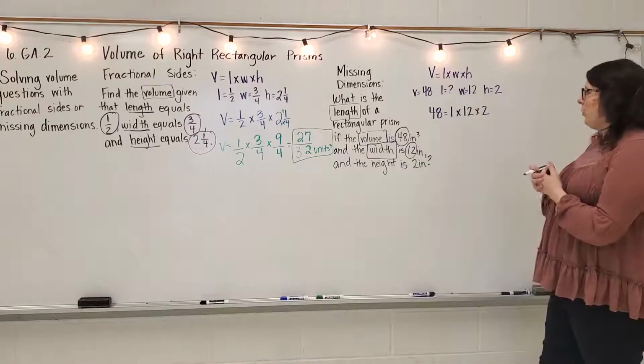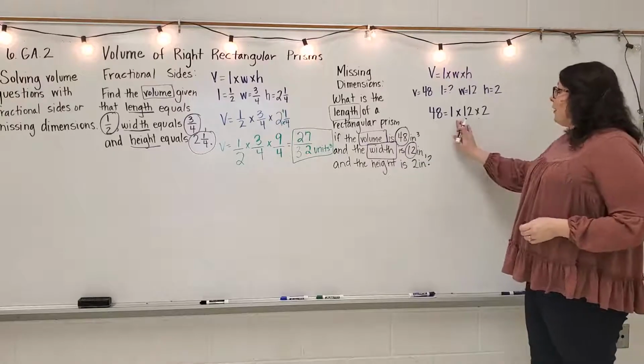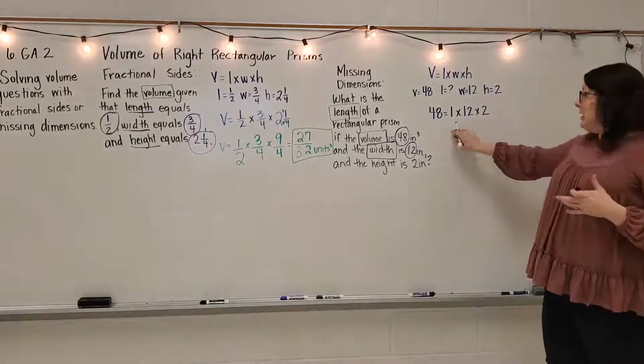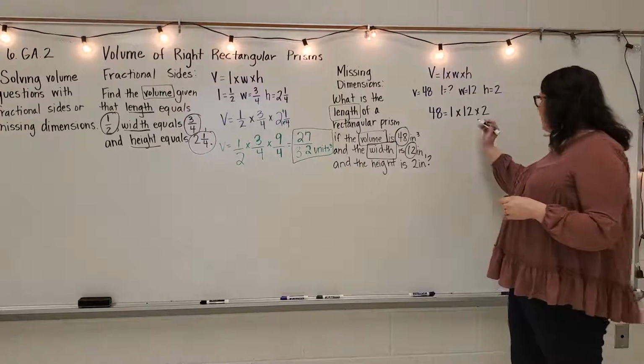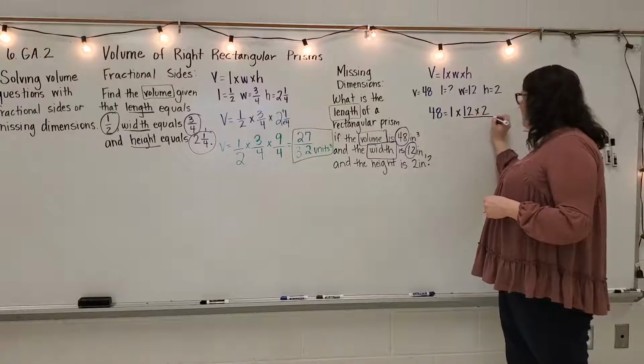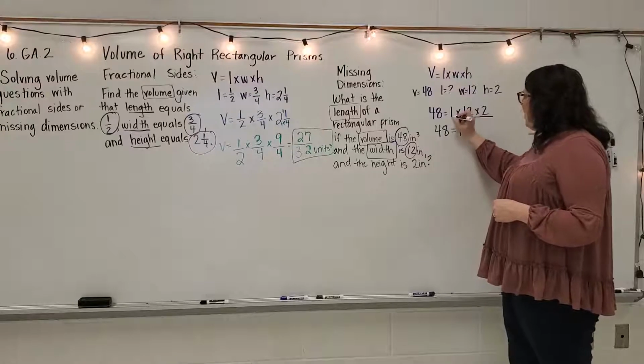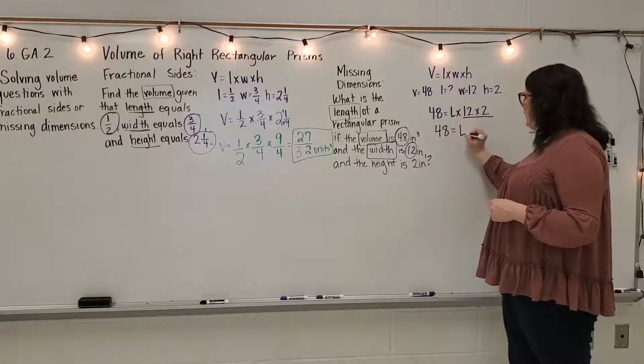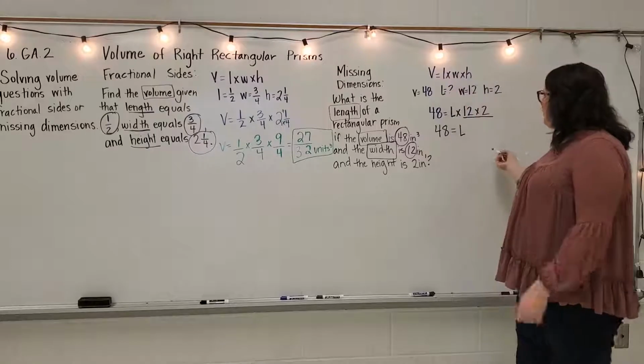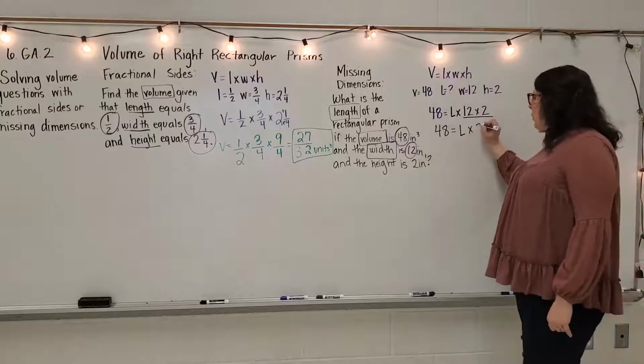So now I work the problem. Well, the first thing I'm going to do is clean up this side because I'm trying to get L by itself. So the very first thing I'm going to do is multiply 12 times 2. And I'm going to bring everything else down. Okay, and I'm going to write my L a little different so you know it's not just a 1. And 12 times 2 is 24.